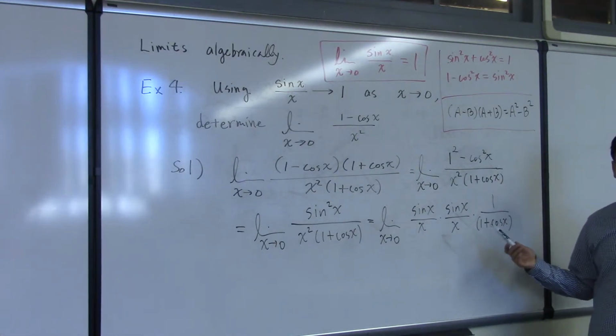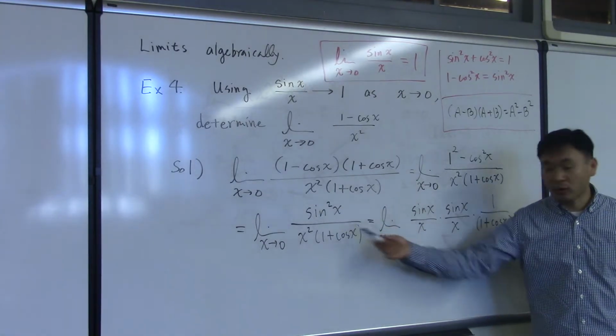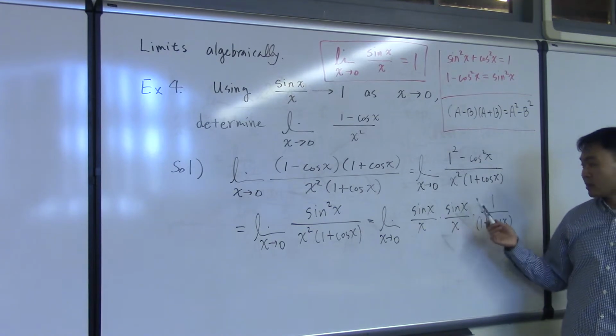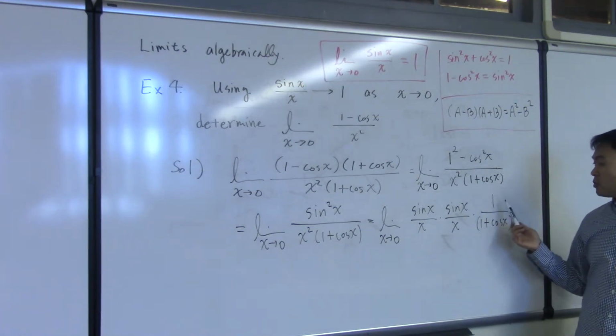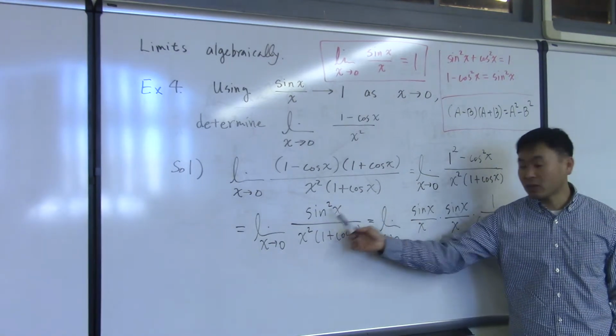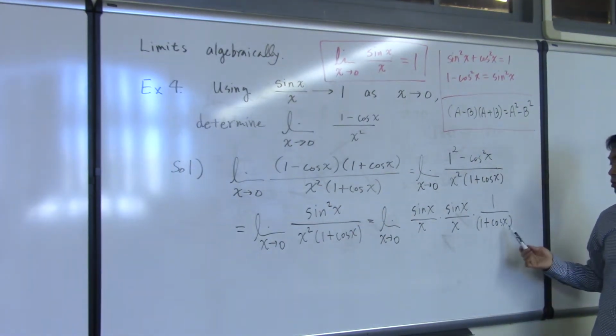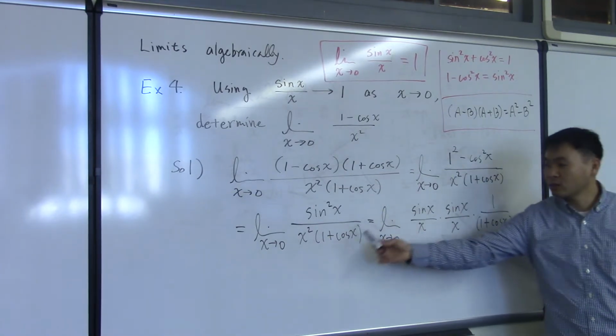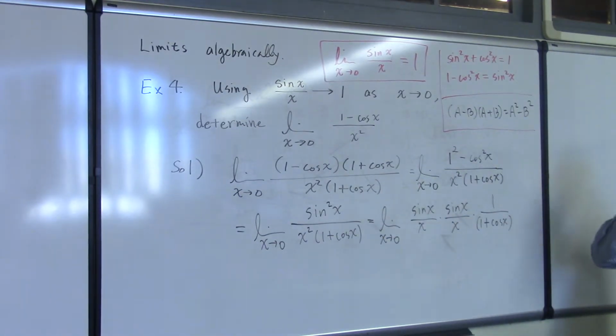Now, please check that this is indeed the same as before. Right? What does sine squared x mean? It means sine x times sine x. So if you simplify the top, 1 times sine squared, it will give you sine squared of x. And if you multiply the bottom, 1 plus cosine x times x, you do get that. So these are indeed equivalent.